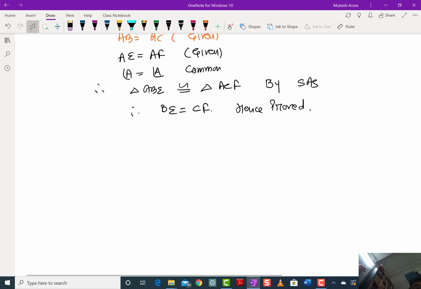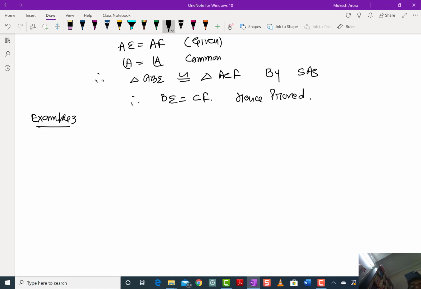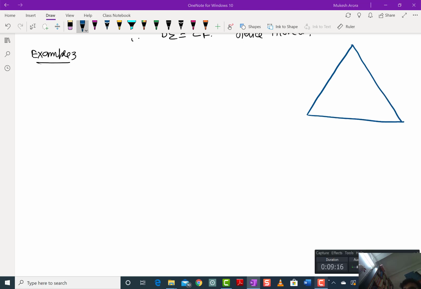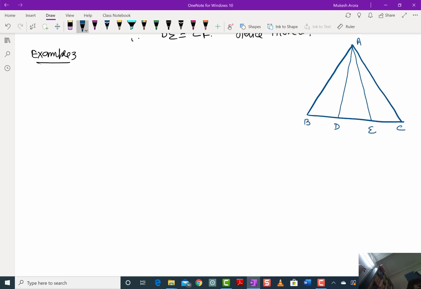And the last example in this is example 3. ABC is an isosceles triangle, where given is AB is equal to AC, and D and E are points such that BE is equal to CD.